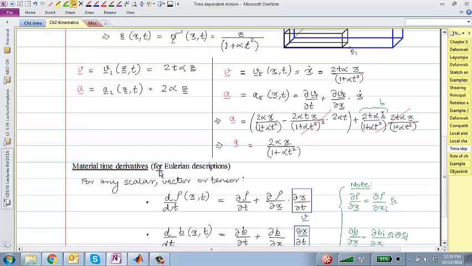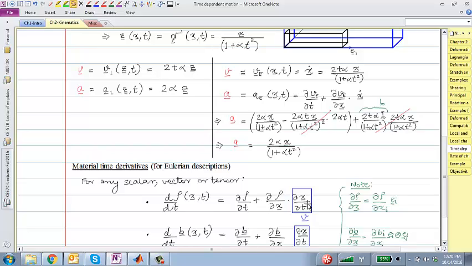So the change in density associated with that material particle is going to be different from the changes in density that I would measure at this particular point in space. So the material time derivative also includes what is called a convective term, which is given by this expression, obtained directly by the chain rule.